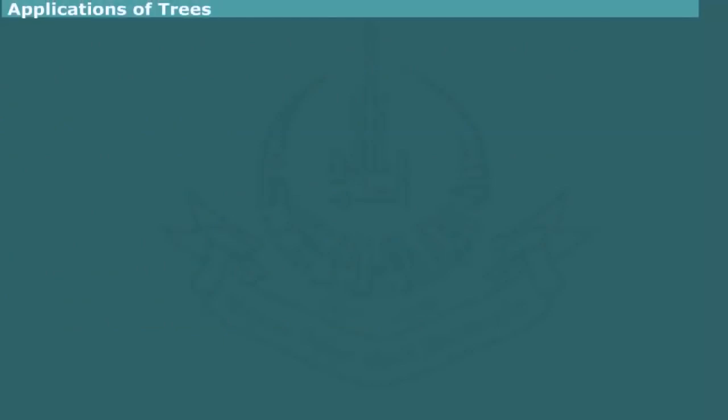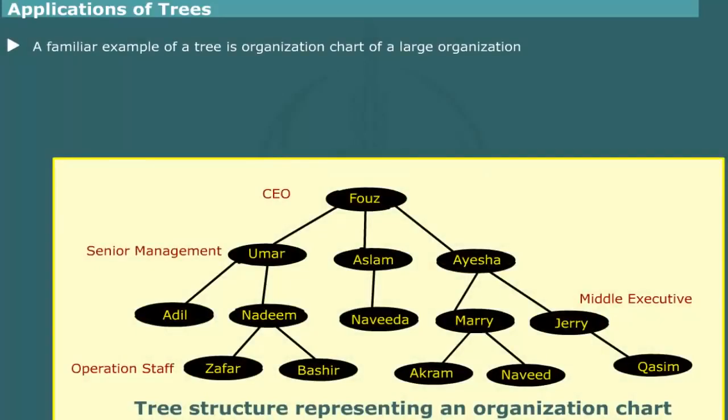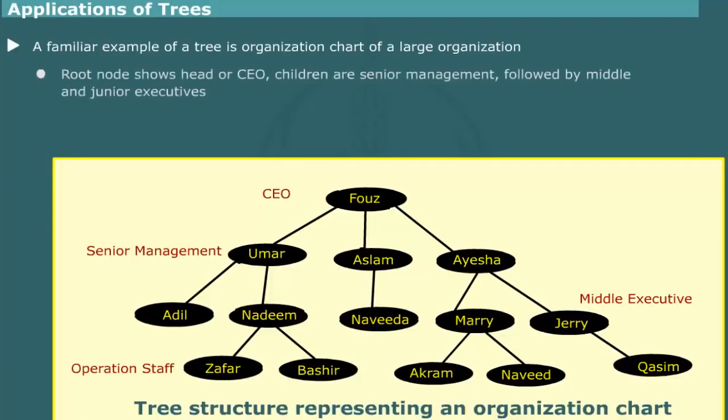Application of trees. Many hierarchical data structures, analogous to trees, are commonly encountered in our daily life. A familiar example is the organization chart of a large department or company in which the hierarchy of the organization is shown. The root node shows the head or CEO.